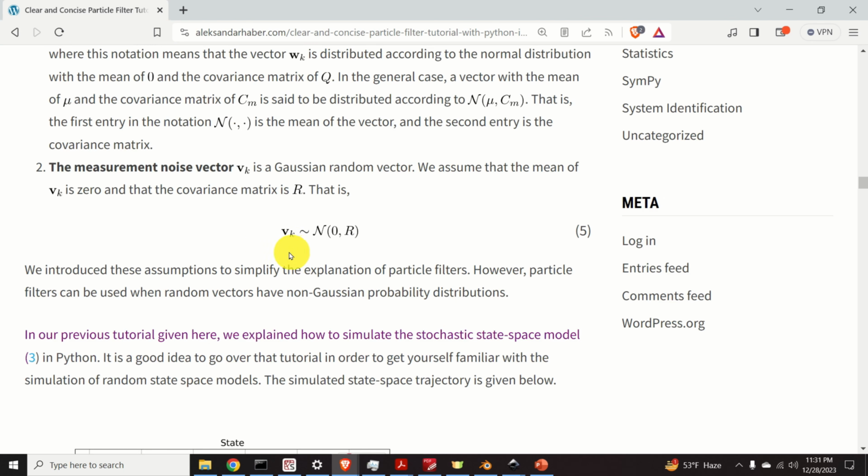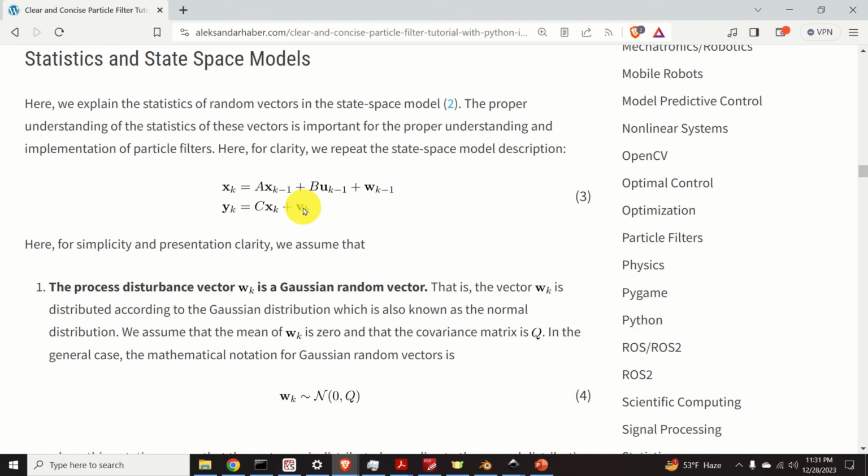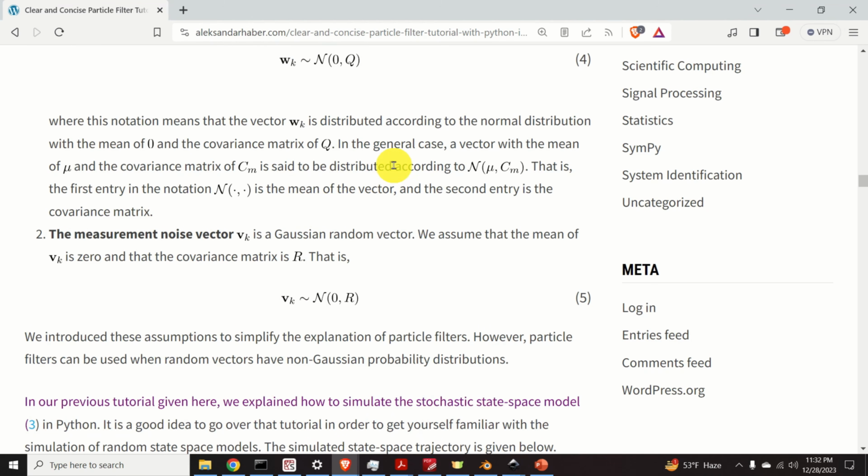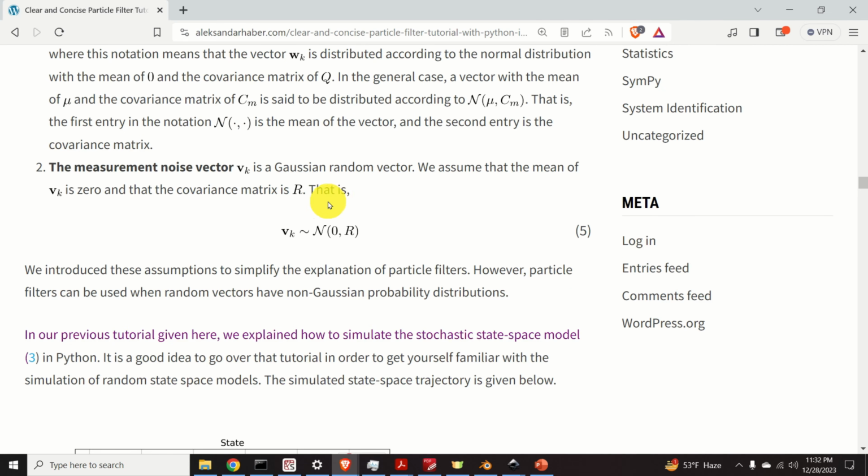Then, we assume that the measurement noise vector Vk is also a Gaussian random vector. We assume that the mean of Vk is 0 and that the covariance matrix is R. Or by using statistical notation, we can write Vk, then we have this similarity symbol, which means distributed according to the normal distribution with the mean 0 and the covariance matrix of R. We introduce these assumptions to simplify the explanation of particle filters.